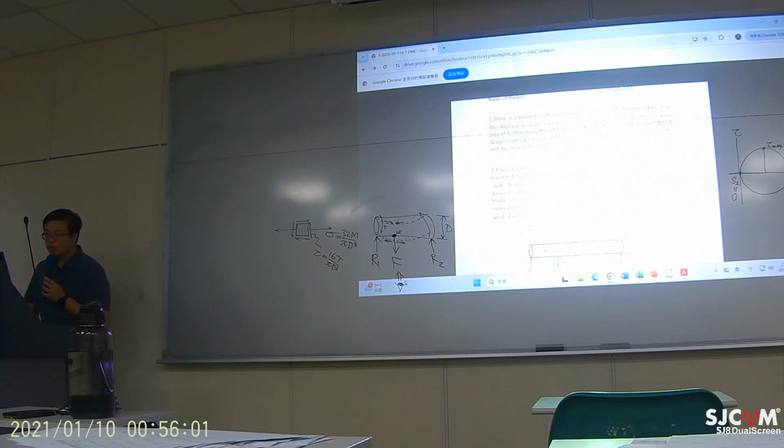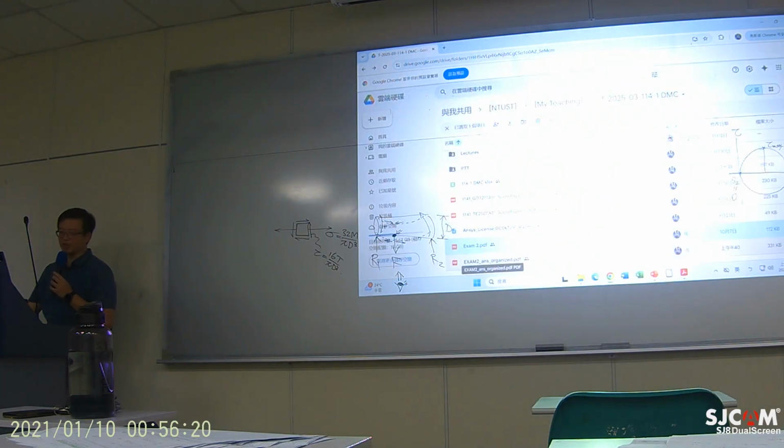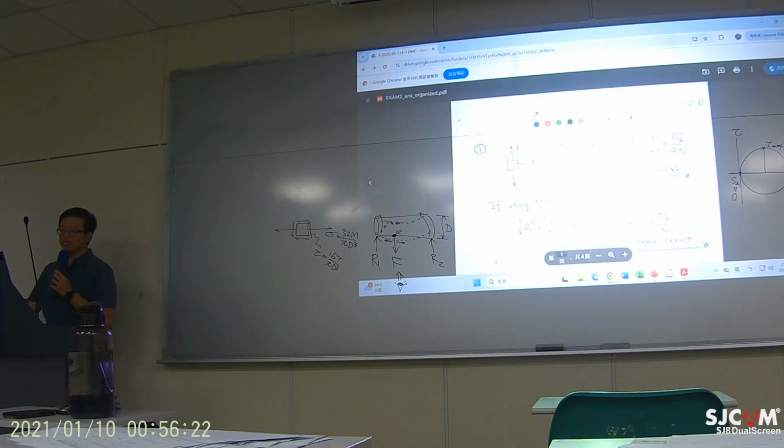Determine the yield strength. The yield strength must be larger than what? So when the safety factor equals 1.5, the yield strength. So the problem was about selecting the material.